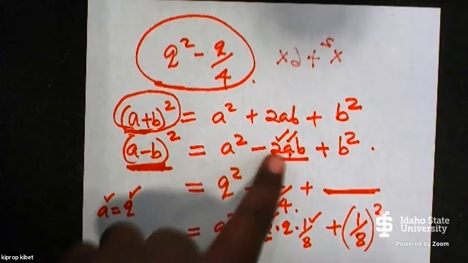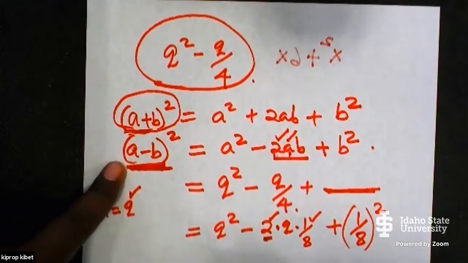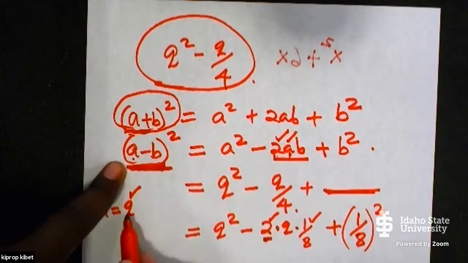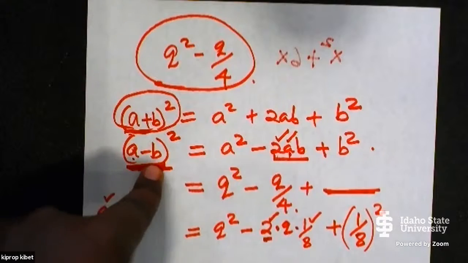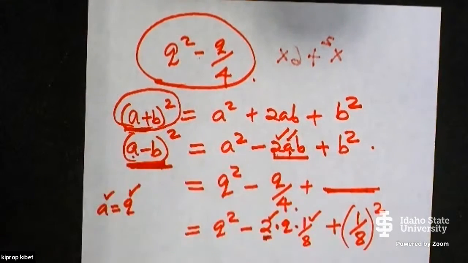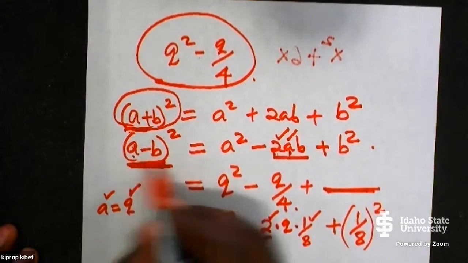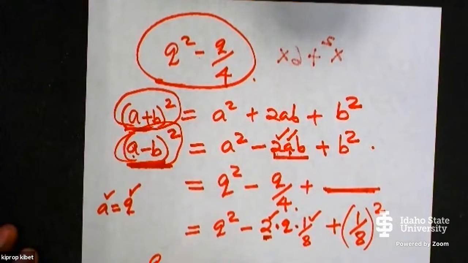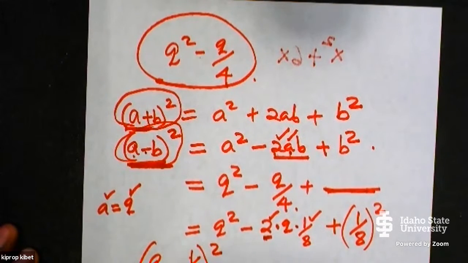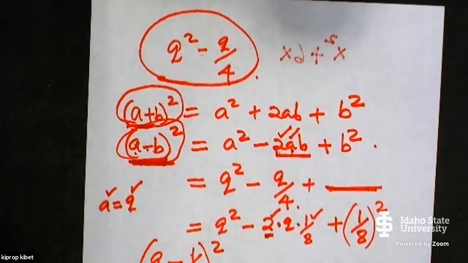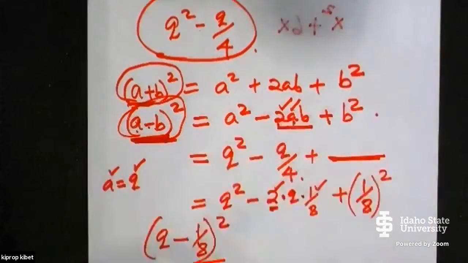Because we use this. Now we know that Q is A, right? Now our B will be 1 over 8. So this will now be Q minus, because of this minus, 1 over 8. And then you put the square. Is that clear? Yeah. So you do it like that.